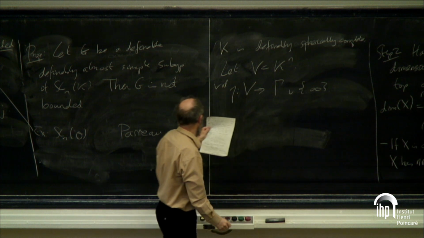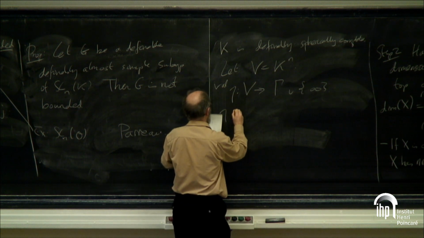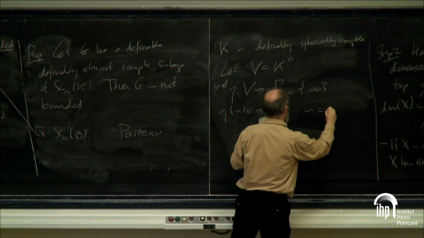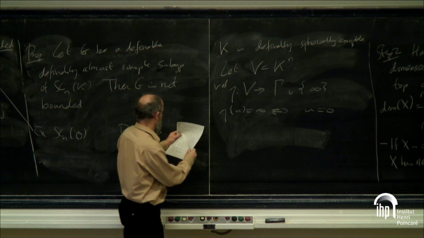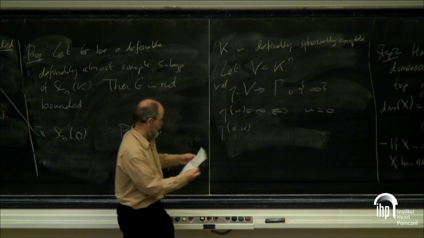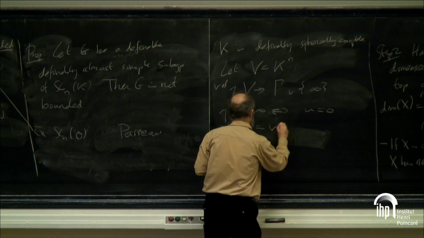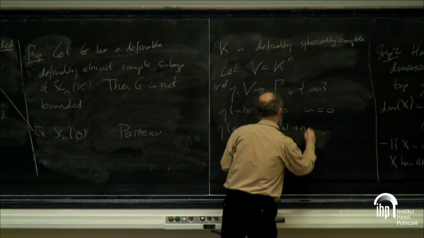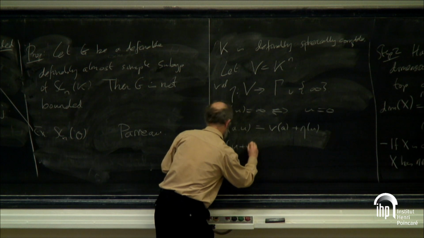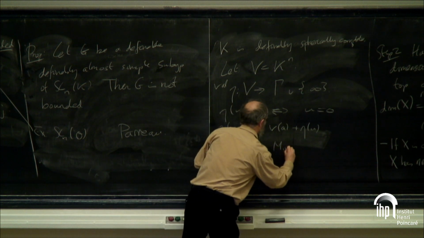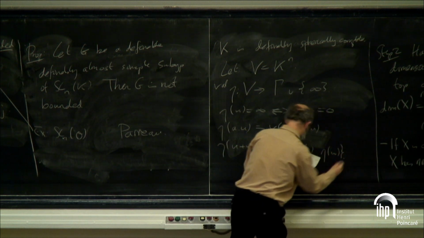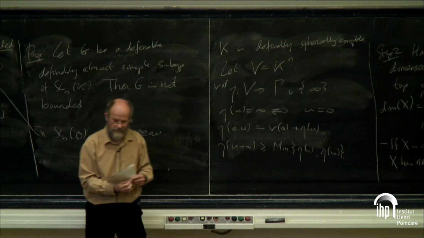Just the obvious axioms. You want eta of u to be infinity if and only if u is 0, for a vector u. You want that eta of a times u, a a field element, u in V, should be the value of a plus eta of u. And then you want eta of u plus w to be at least the min of eta of u and eta of w. Okay, so that's the notion of valuation.